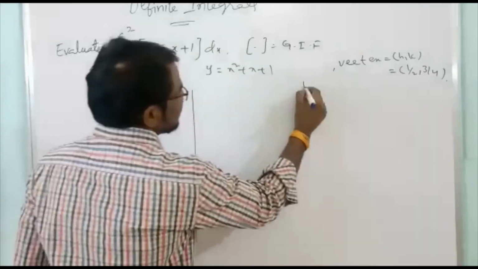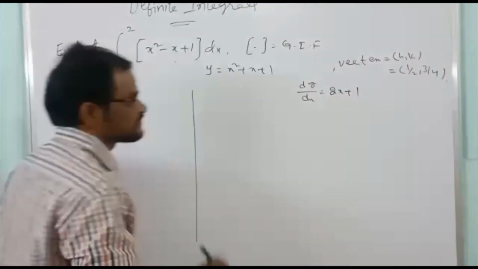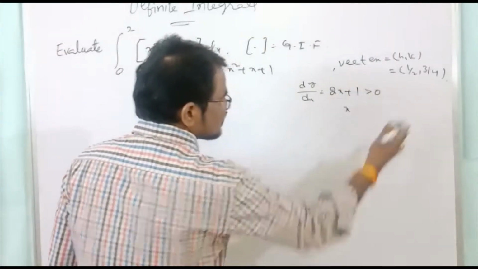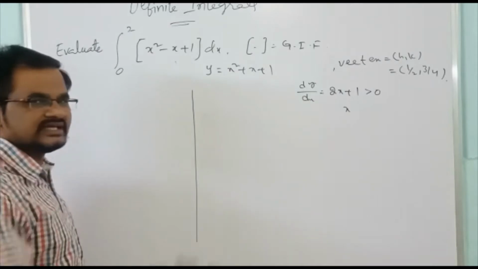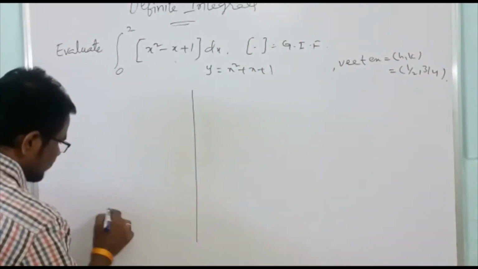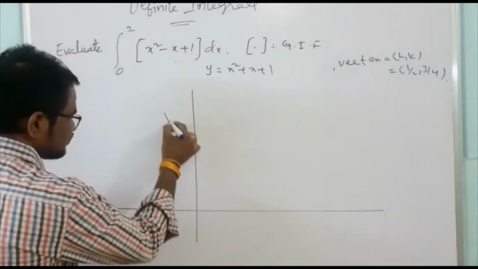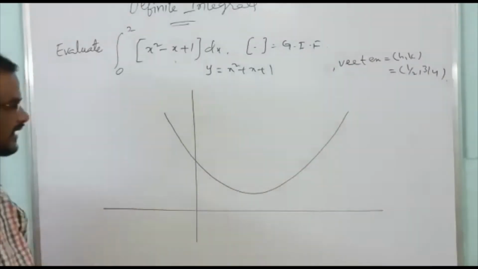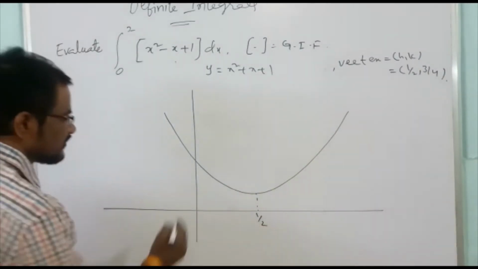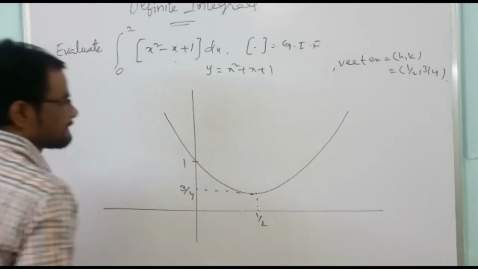Also, if you take dy by dx equals 2x minus 1, you can identify that it is increasing for x greater than 1 by 2 and decreasing for x less than 1 by 2. So here this is a parabola, the vertex is (1 by 2, 3 by 4), so here it is 3 by 4, and here it is 1.